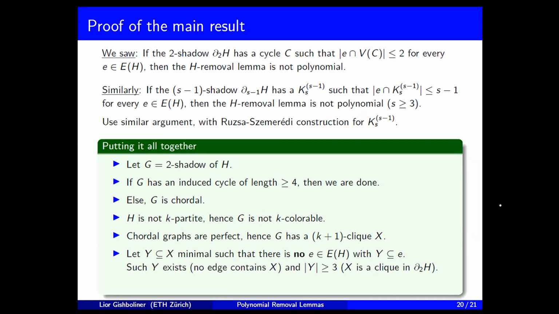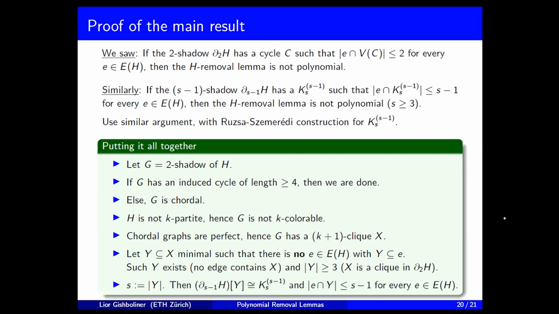So why is there such a Y? Well, X itself is not contained in any edge because X has size k plus 1 and edges have size k. And also, Y has size at least 3 because X is a clique in the 2-shadow, so every pair of vertices is contained in a hyperedge.